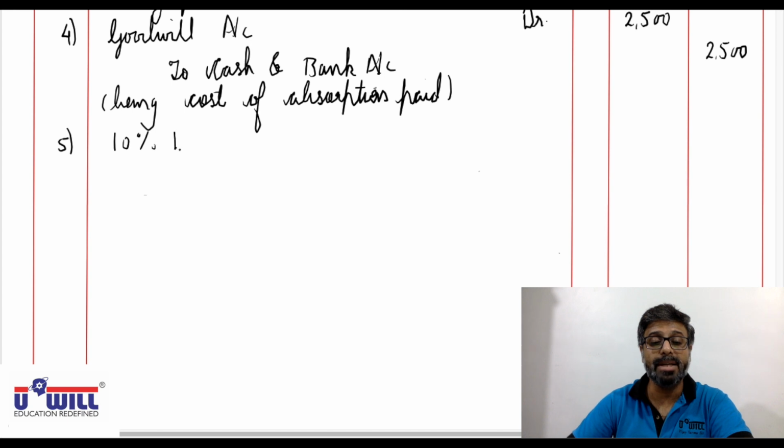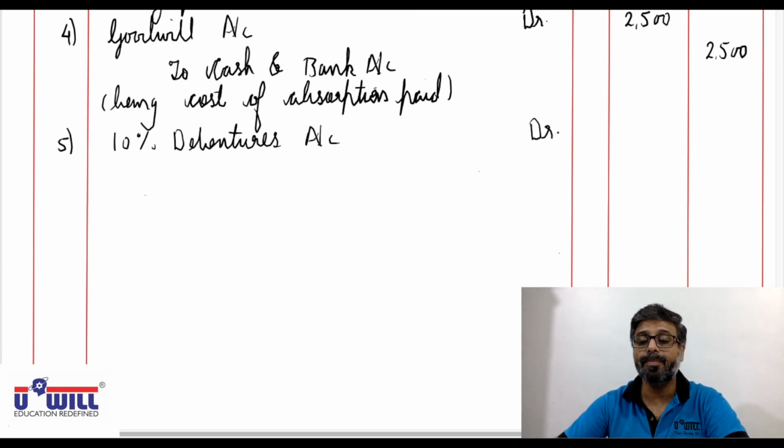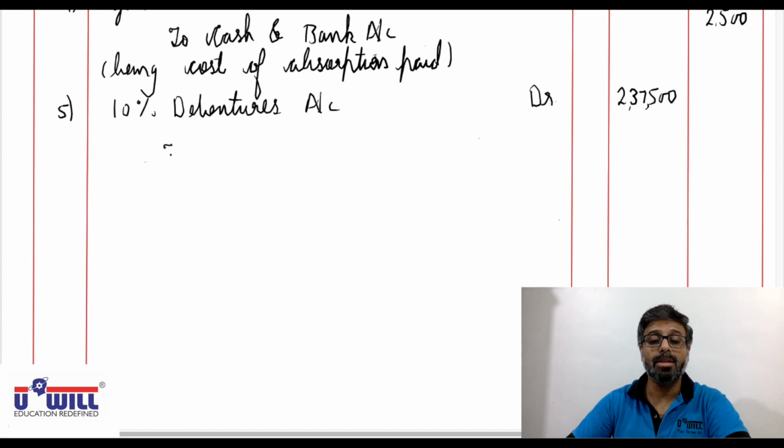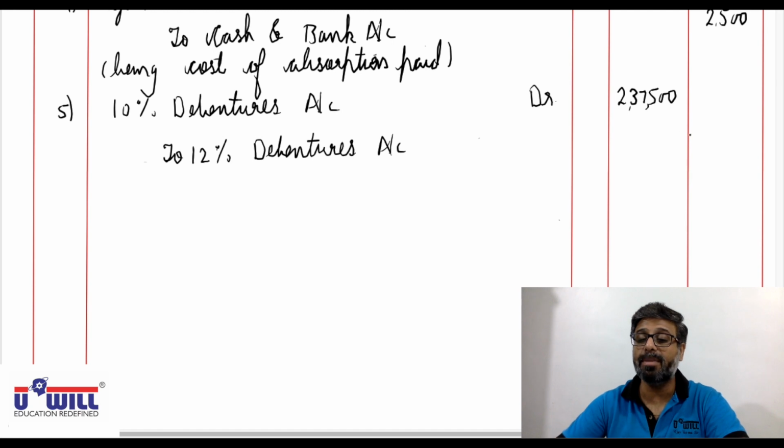Okay, 10% debentures account debit 2,37,500, and against that we have given 12% debentures, so to 12% debentures account with the same value, 2375 debentures are given, so 2,37,500.